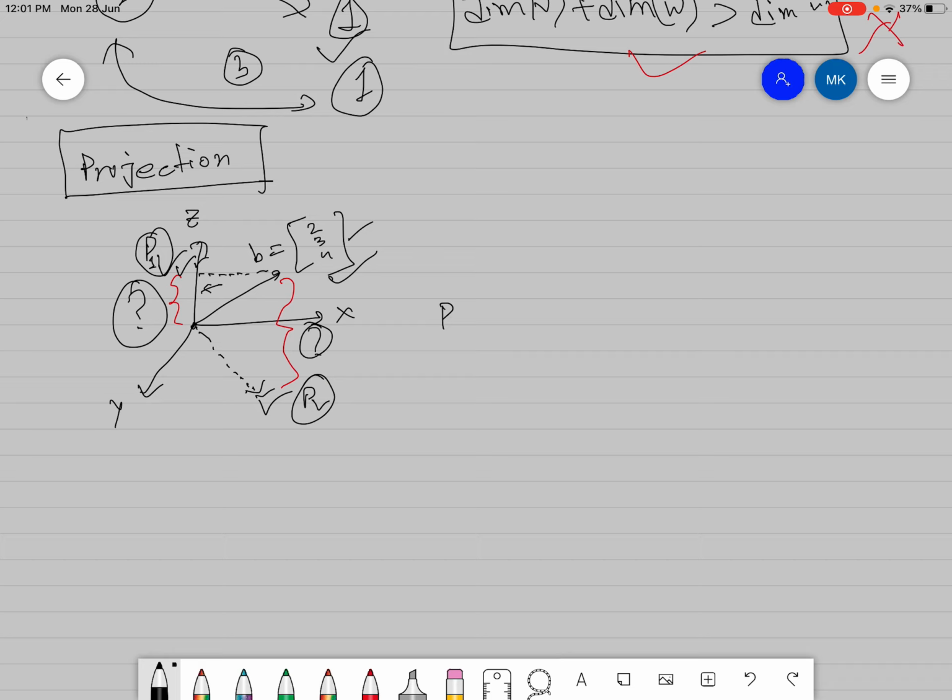After multiplying p1 with 2, 3, 4, we get this projection, and multiplying p2 with this vector we get this projection. So what are these matrices p1 and p2, and what is the relationship between them?